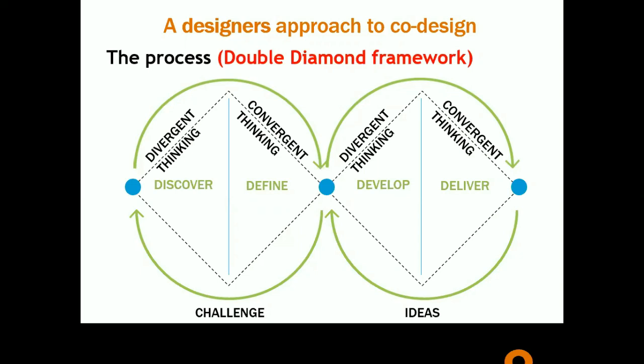In a nutshell, it's about allowing space to go big and think big without too many restrictions. And convergent thinking, as the name suggests, is about narrowing back in from that creativity and then opening back up again. So there are two diamonds, two versions of divergent and convergent thinking.